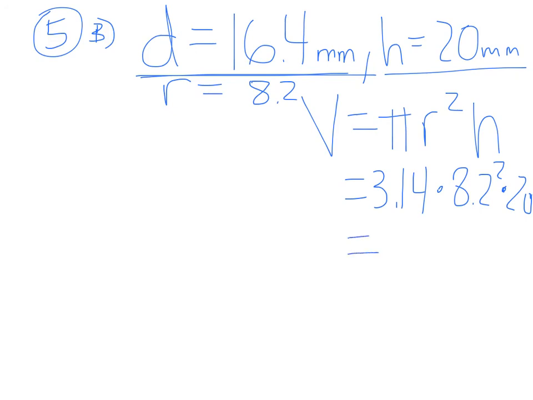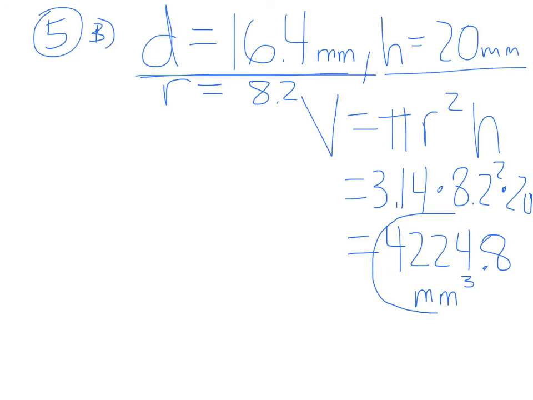After you've multiplied all those, you get about 4,224.8, and that would be millimeters cubed. So save the time of multiplying all those, but with a calculator, that would be okay to do, so you can get your answer. All right, that is all for 11-2.